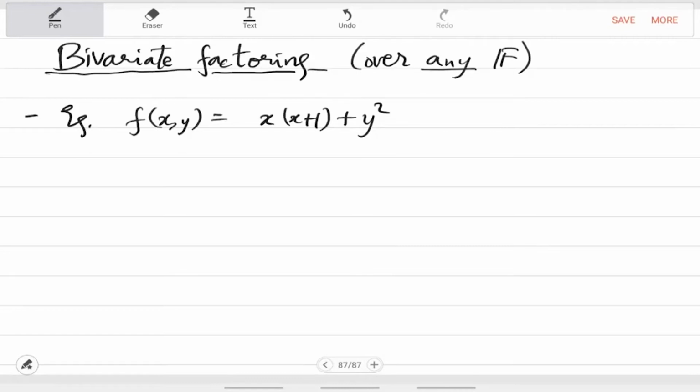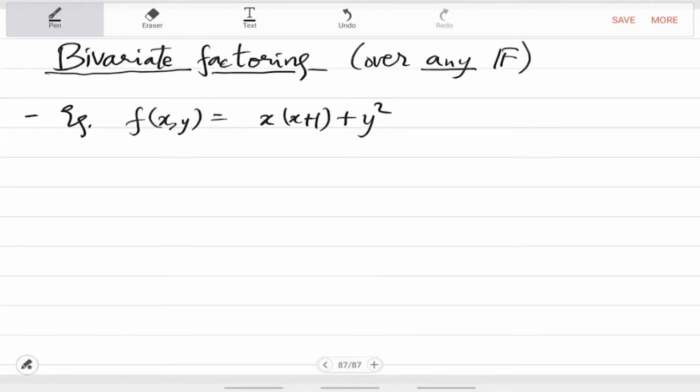But anyways, what we can do is look at it mod y, then look at it mod y square, which is actually the same, again x(x+1), but then you can go to mod y to the 4, and then it becomes slightly different, because x is not a factor anymore mod y to the 4, and you go to mod y to the 8 and so on.